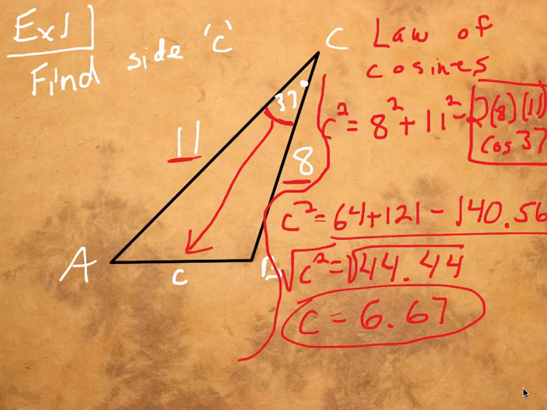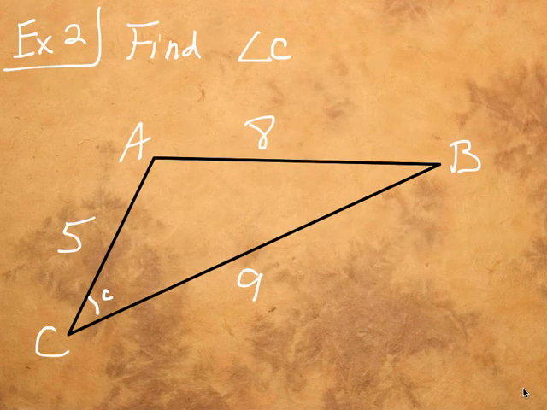Notice I kind of multiplied all out here. Now what if we had to find an angle? It's a little bit more difficult. If I'm looking for the angle, first of all, we need to find its opposite side and label it.